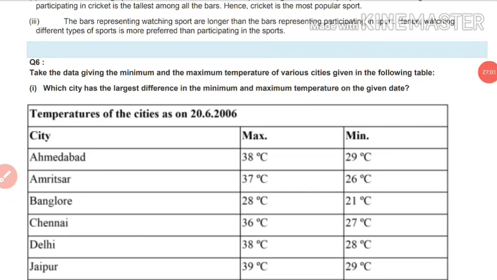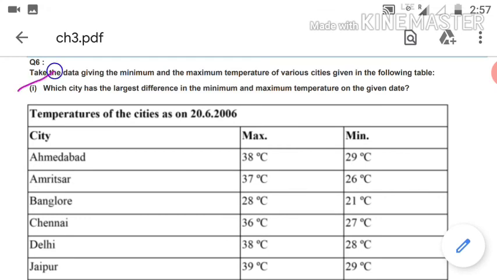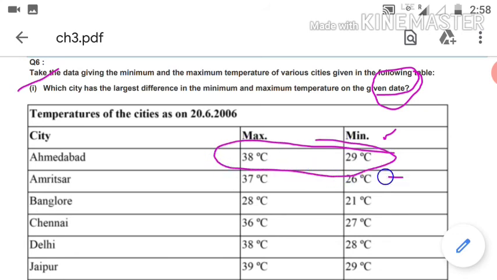So come to the next question. Question number 6. Take the data given, the minimum and the maximum temperature of various cities given in the following table. Which city has the largest difference between the maximum and the minimum temperature in the given data? Means in the given data, which city has the maximum difference.